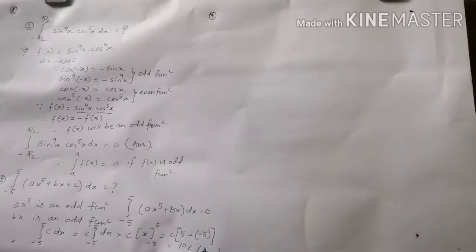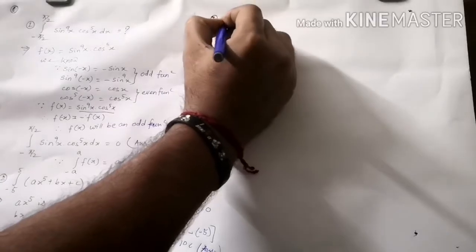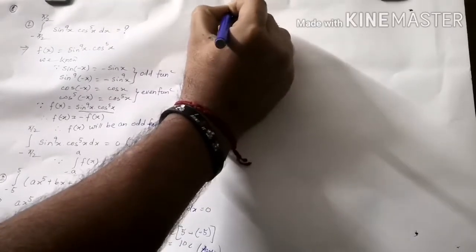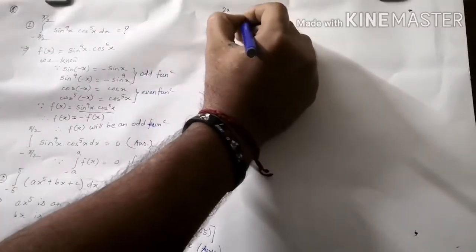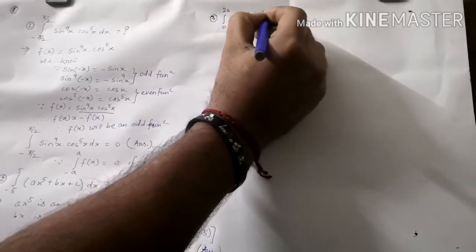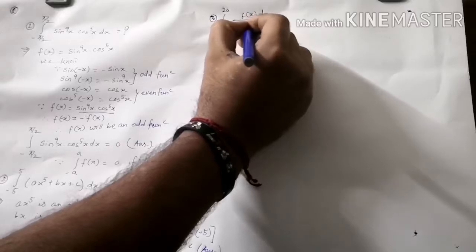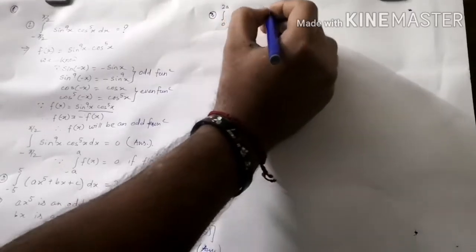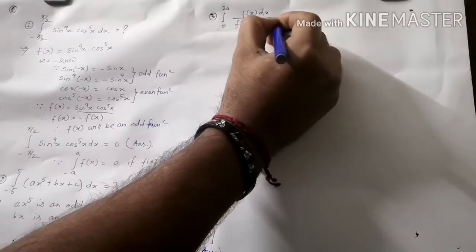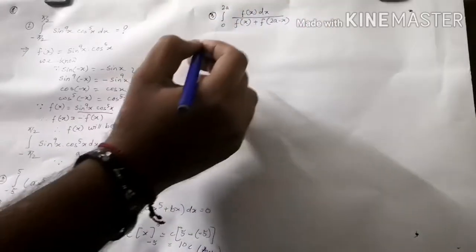Now the third question is integration 0 to 2a f(x) dx by f(x) plus f(2a minus x) equals how much?